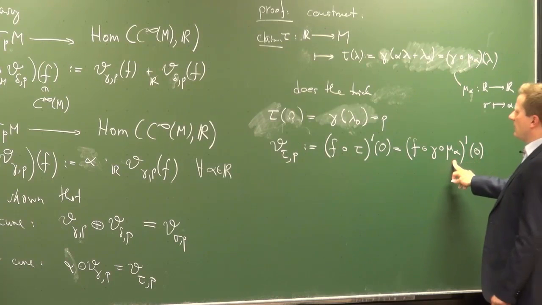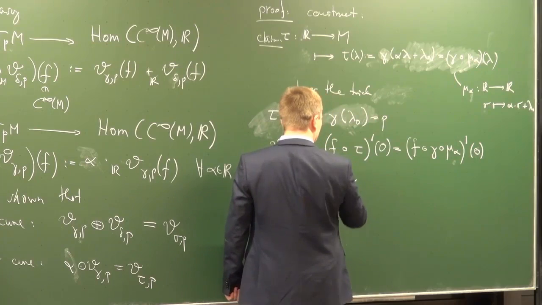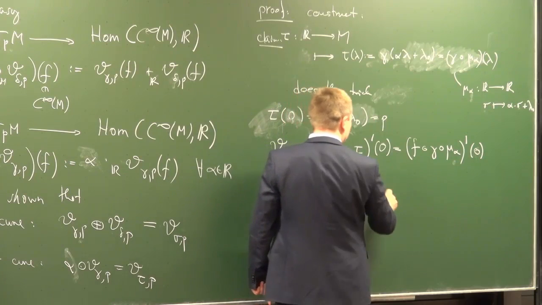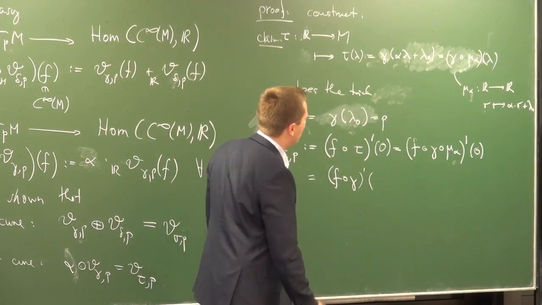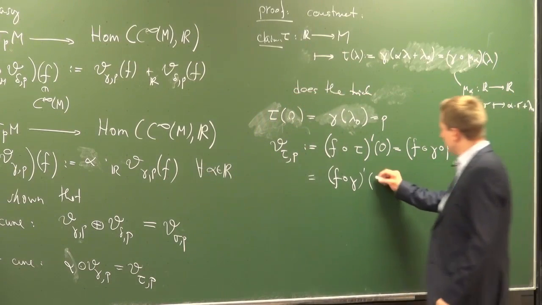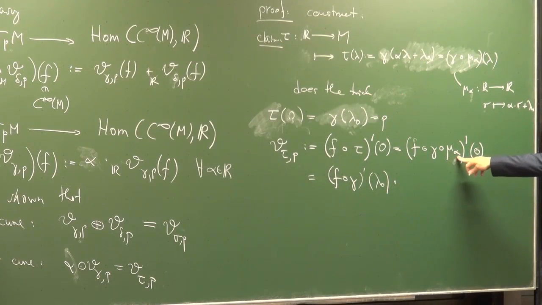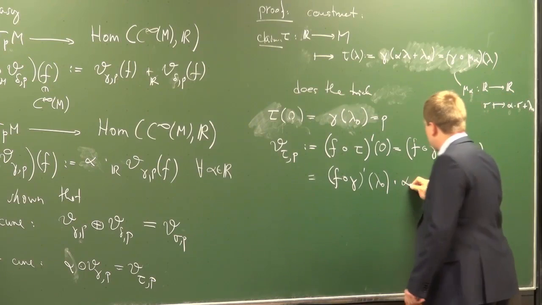And now, of course, you know how to do this. This is f after gamma, derivative at the point mu_alpha of 0. But mu_alpha of 0 is just lambda 0, times the inner derivative, the derivative of this with respect to r. So this is just an alpha times alpha.